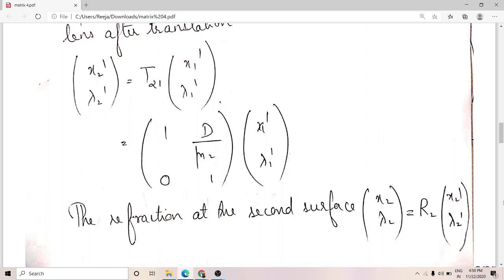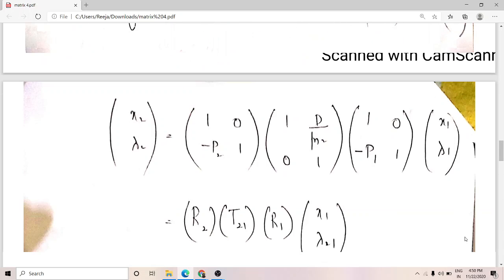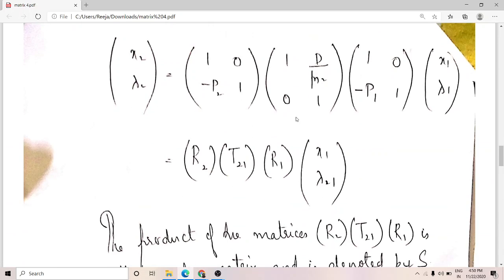So it is R2 into x2 dash lambda 2 dash. So my final refracted ray x2 lambda 2 is equal to R2 into x2 dash lambda 2 dash. Now what is R2? R2 is the matrix 1, 0, minus P2, 1.